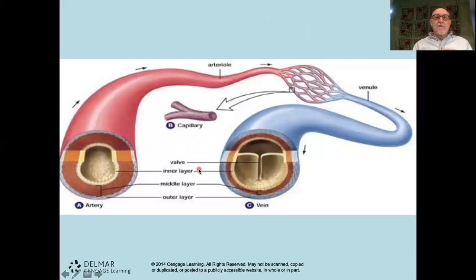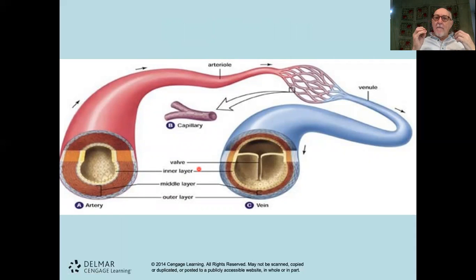Okay, so first of all, let's just consider the nature of the vessels themselves. We recognize immediately there are two types of major vessels in the human body, and these are the arteries and the veins.